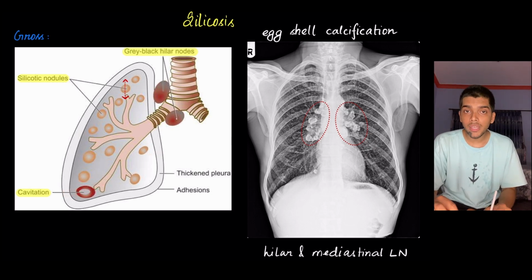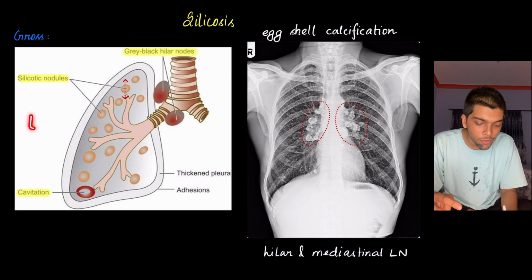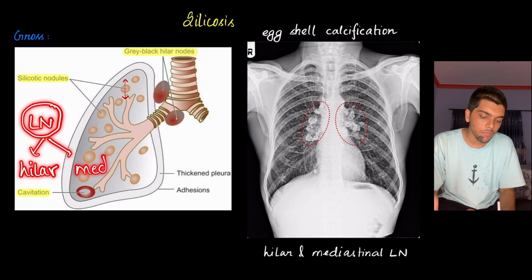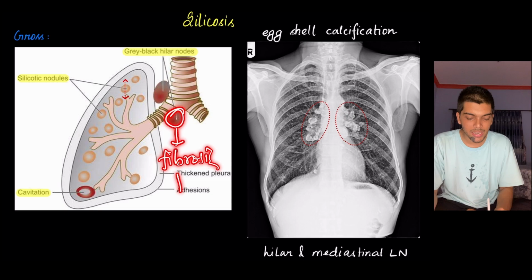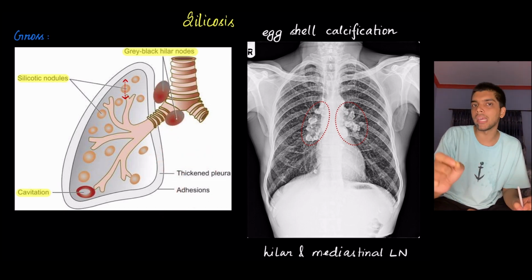There will also be involvement of lymph nodes. Which lymph nodes? The hilar lymph nodes and the mediastinal lymph nodes. In the lymph nodes, fibrosis occurs, right? And to this fibrosis, there is deposition of calcium, leading to dystrophic calcification.